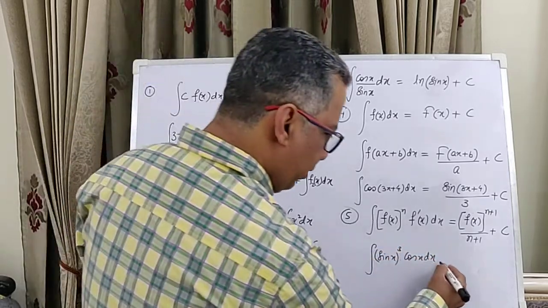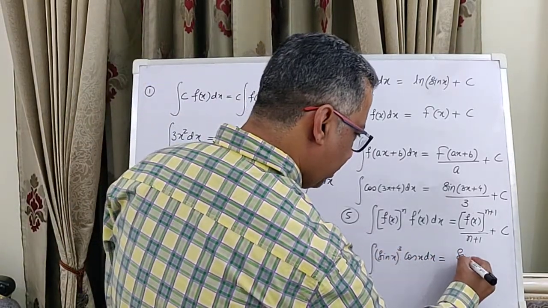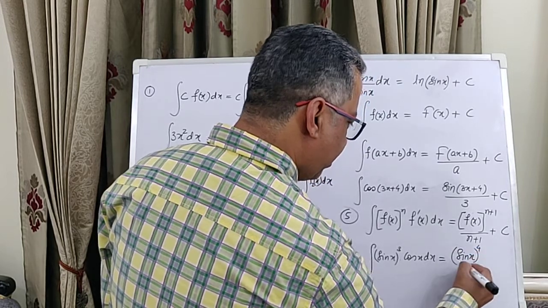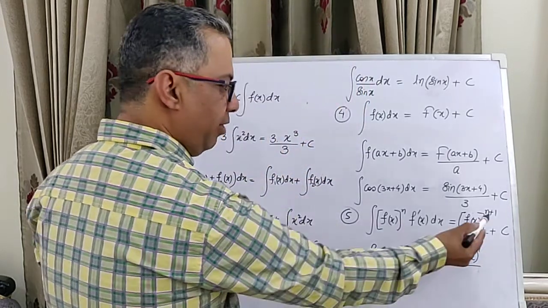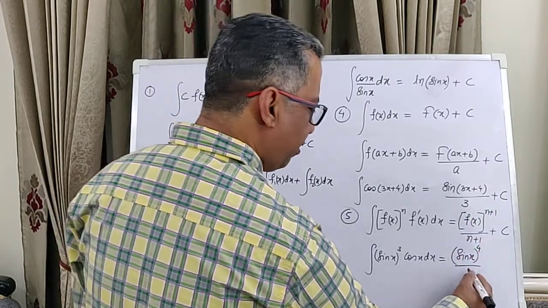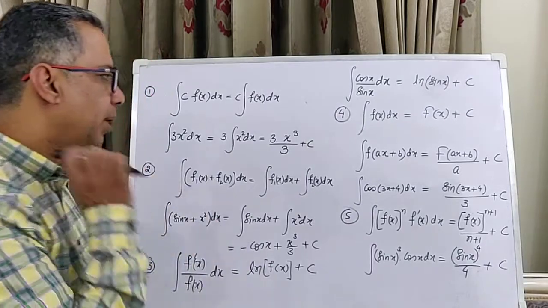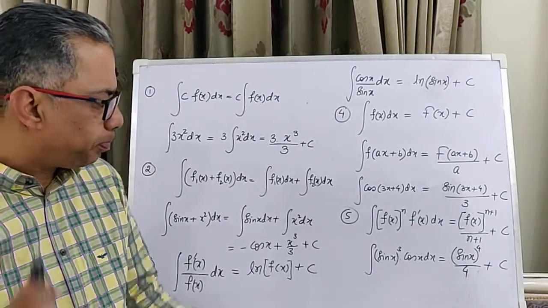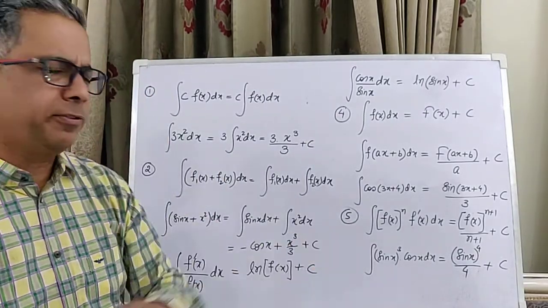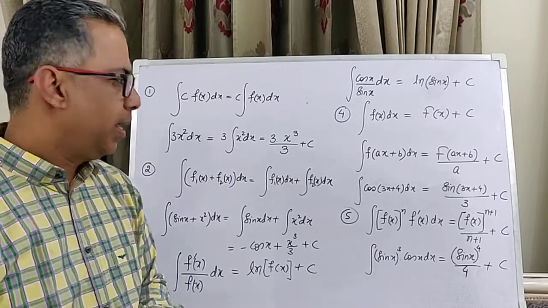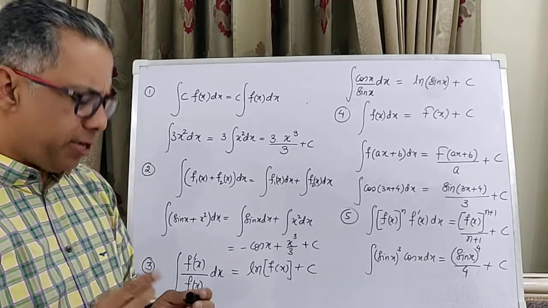The integral now gives us sin x to the power 4, we increase the power by 1 and divide by the increased power, plus the constant c.